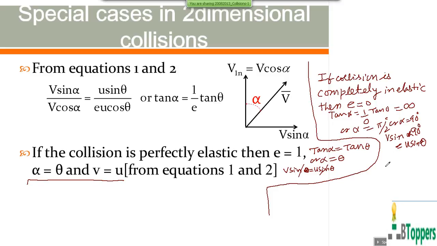V sin alpha becomes v sin 90 degrees, or v equal to u sin theta. So the velocity of the ball after the collision will be equal to the tangential component. That means, let me show you the situation roughly in the diagram, the same diagram which I have drawn earlier.